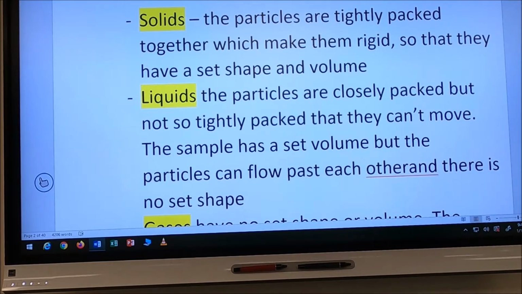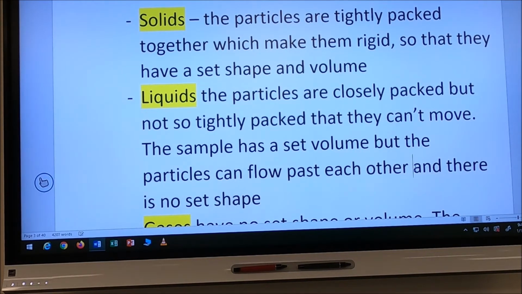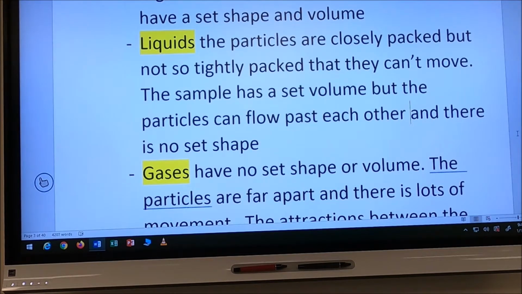Whereas solids have a set shape and a set volume, liquids only have a set volume. They take their shape from their container. Whereas a solid is going to have multiple surfaces, we talk about a liquid having one exposed surface. So if you pour water into a glass, it only fills it up so far based on its volume, and then it's got a surface.